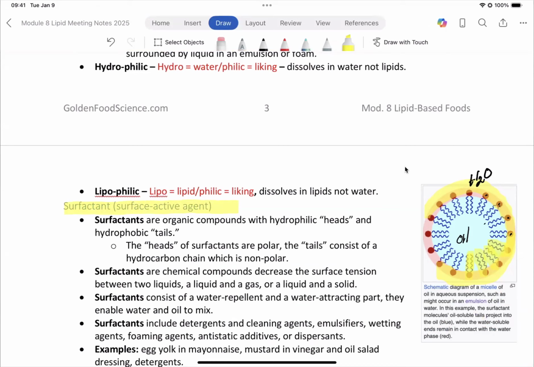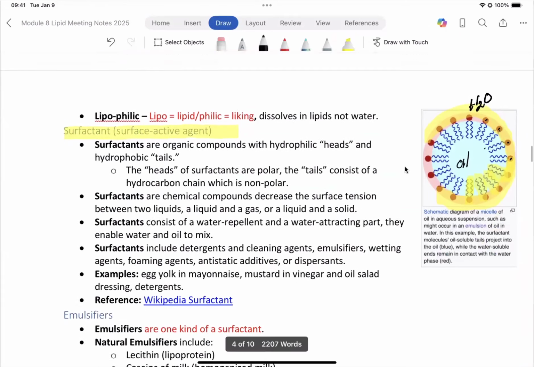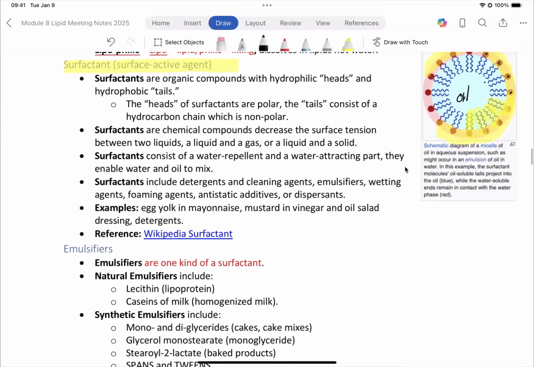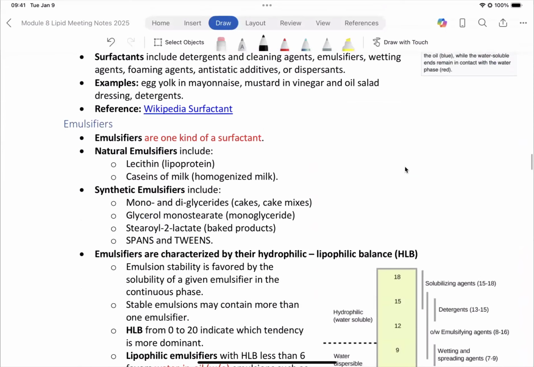Surfactants have a water soluble part and a fat soluble part, so they form the in between. Emulsifiers can include natural emulsifiers like lecithin and casein, and synthetic emulsifiers, the mono and diglycerides, and the spans and tweens.